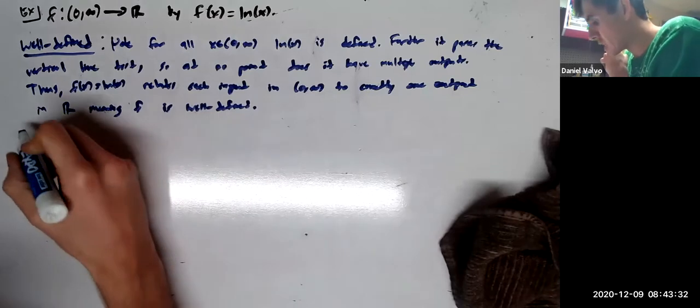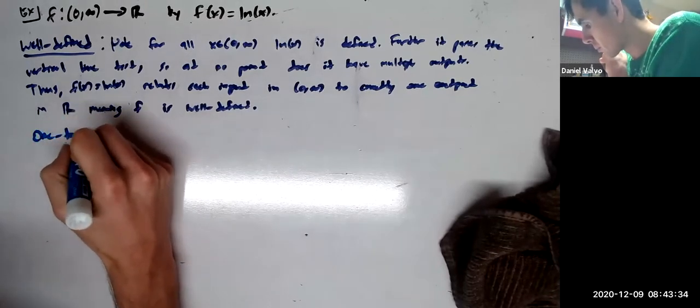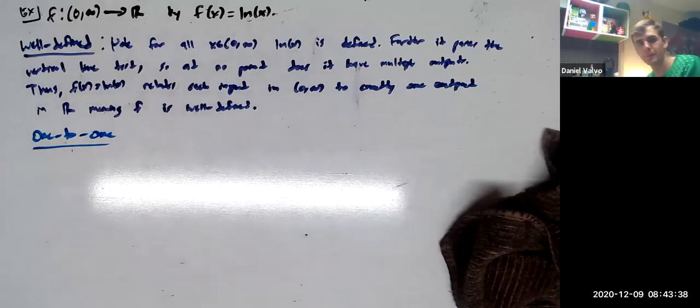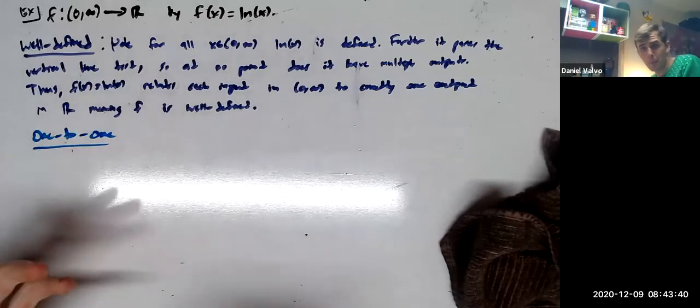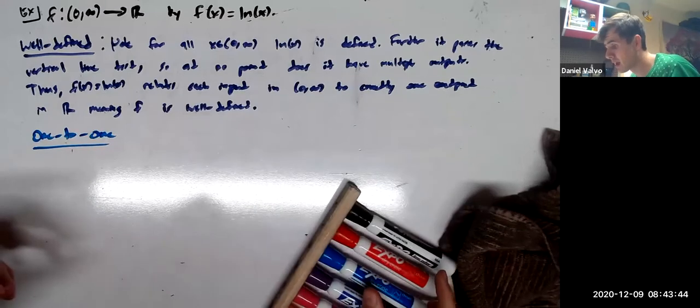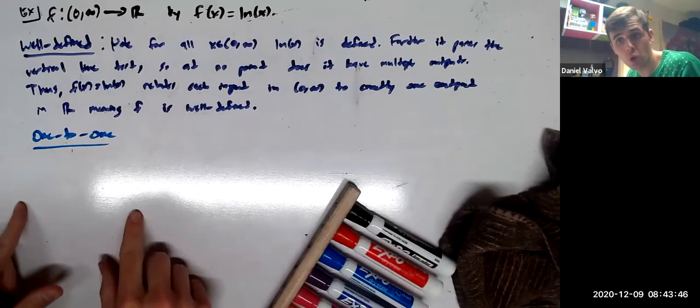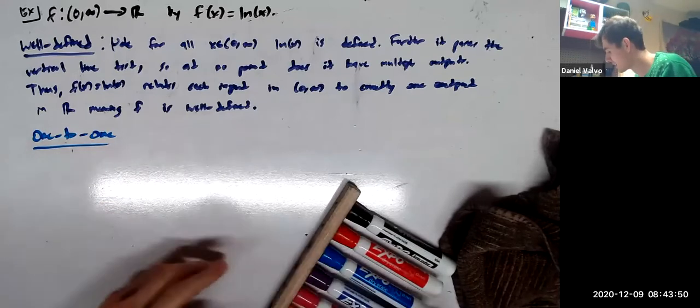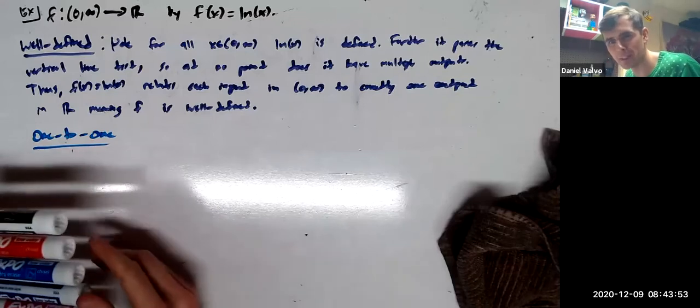Next, let's move on to proving or disproving that f of x is 1-to-1. So remember that a function being 1-to-1 means that there are no two inputs that map to the same output.